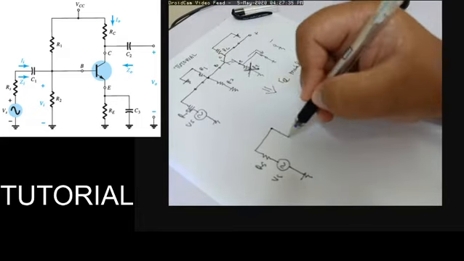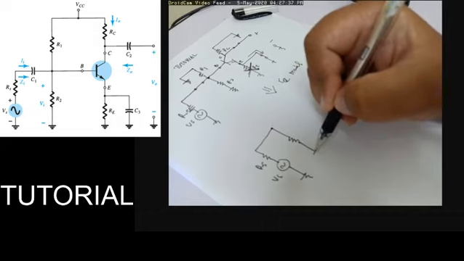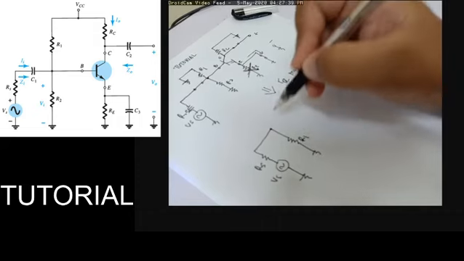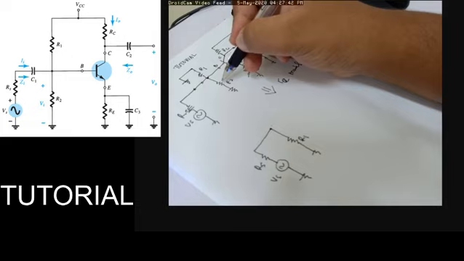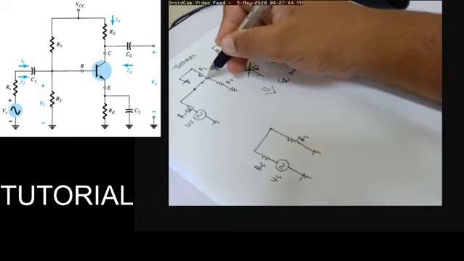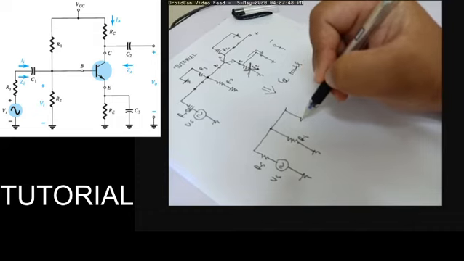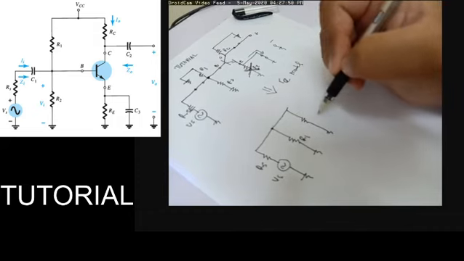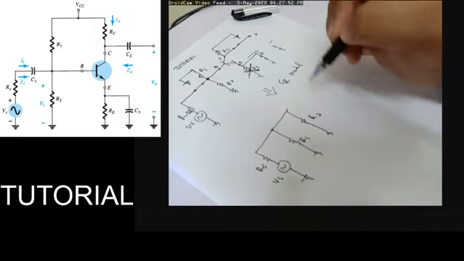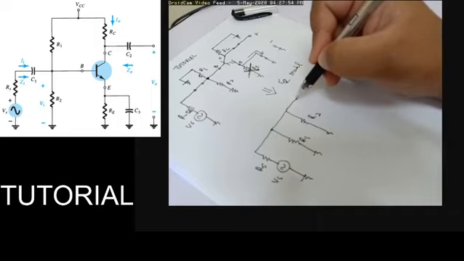We just draw R1 and then go to the ground. Same thing with R2, because it's sharing the same node, so it can be like this: ground, R2, and then we go into the base here.